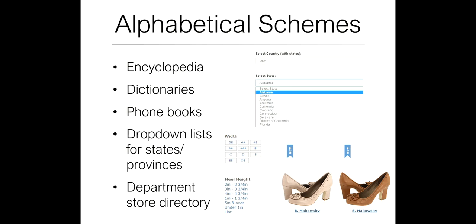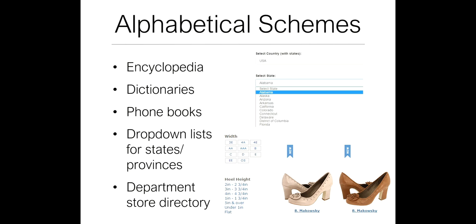In terms of alphabetical schemes, well, we're talking about things like encyclopedias, dictionaries, phone books, everything that runs from A to Z. But having said that, you need to use this where it makes the most sense to do so. Where it might even be the expected way to order things.